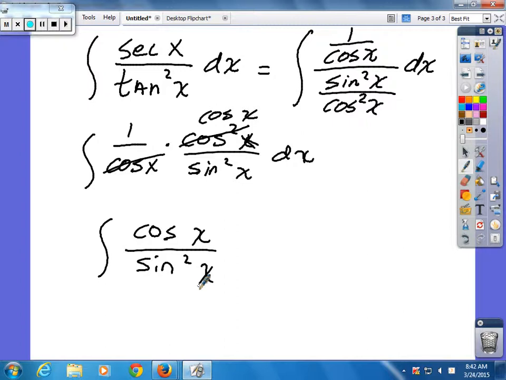And now you've got something to work with in a relationship between sine squared and cosine. Because you can bring that sine squared up, and it'd be sine to the negative 2 of x. And then you'd have u du.